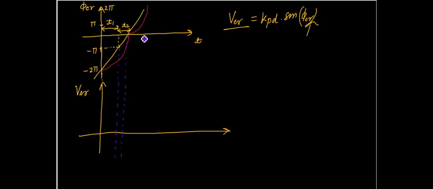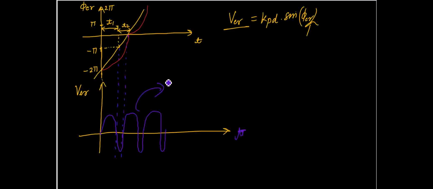Okay, so for this case, your phi error increasing, it will go like this, and then like this. Okay, then again like this, and like this, and this is t, and so on.